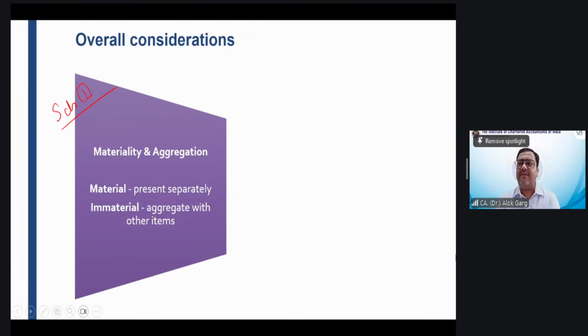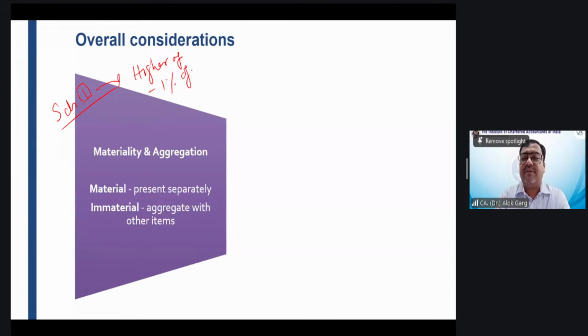Anyone who is remembering the materiality threshold I have covered in the last class? Anyone? So Division 2 to Schedule 3 materiality threshold, it says that it is higher of what?